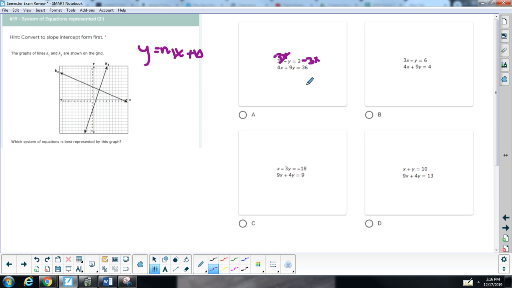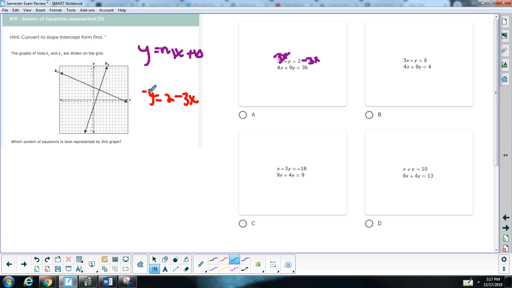So now I have negative y equals 2 minus 3x. I'm going to write that over here to have a little bit more room to work. Negative y equals 2 minus 3x.